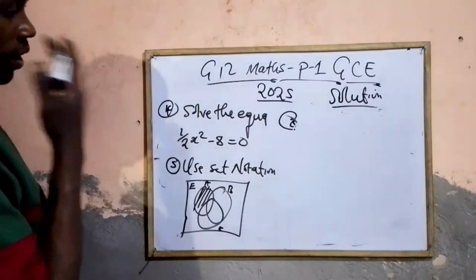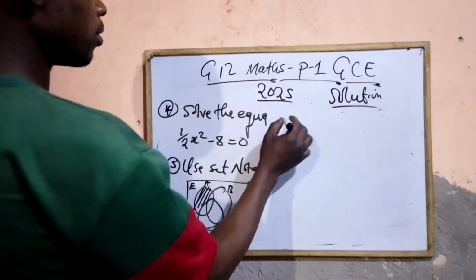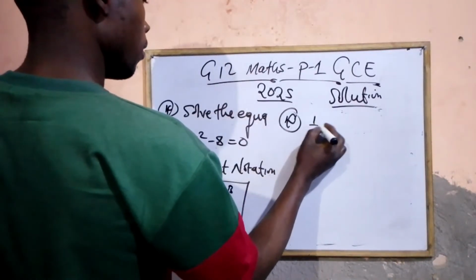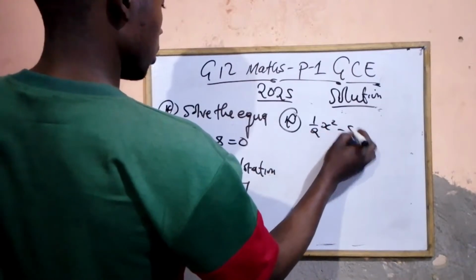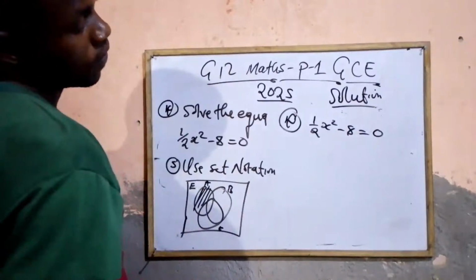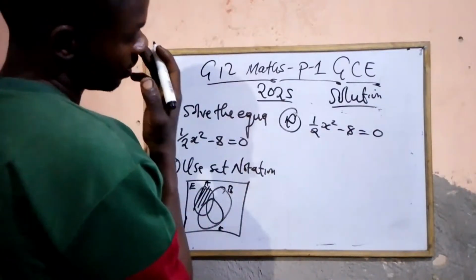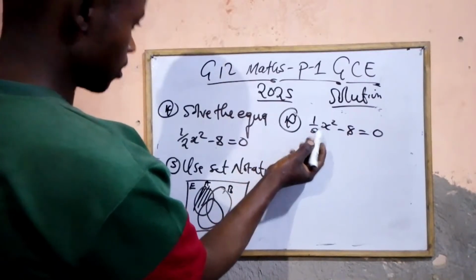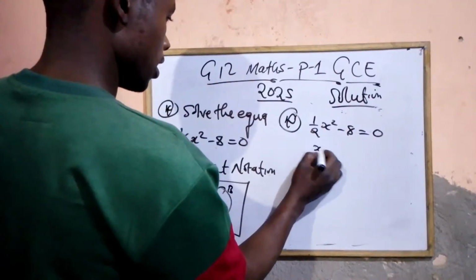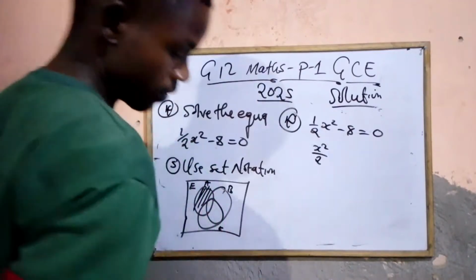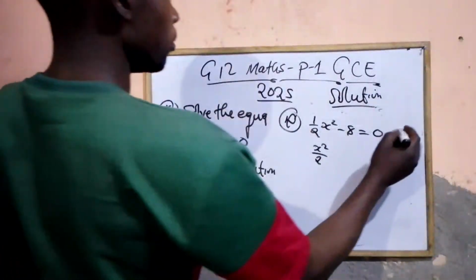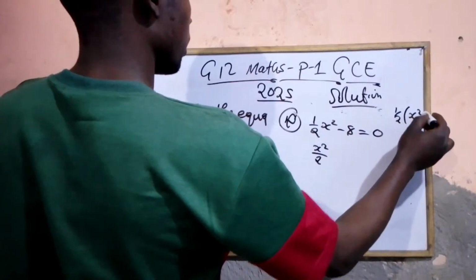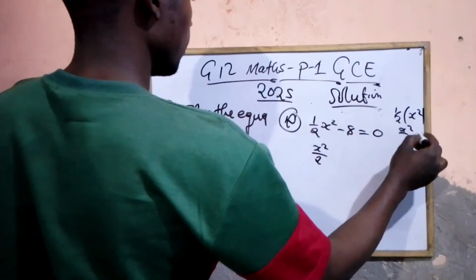Okay, so now let's return to the questions. For question 4, we're told to solve the equation. So we have 1 over 2 x squared minus 8, which will be equal to 0. The best way of dealing with this equation, because here is 1 over 2, you can take this x squared to be the same as x squared over 2. It's the same thing, because when you multiply half by x squared, you are going to have x squared over 2.